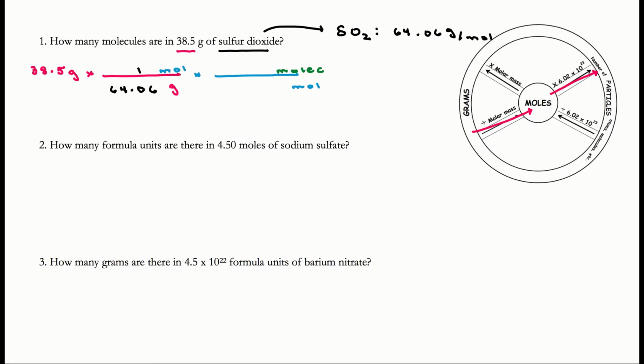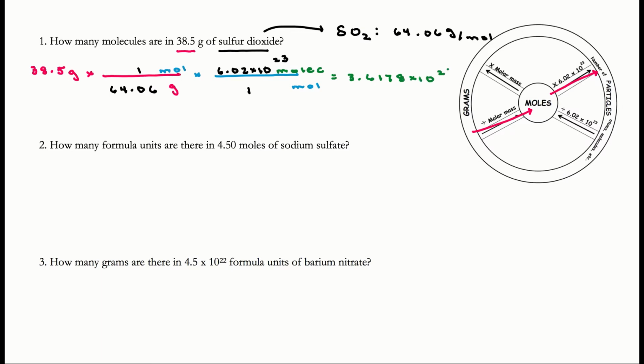Then for the molecule to mole conversion, I'm going to use Avogadro's number. So 1 mole is 6.02 times 10 to the 23rd molecules. Okay, so now I'm going to plug this into my calculator. 38.5 divided by the 64.06 molar mass times Avogadro's number, and I get, unrounded, 3.6178 times 10 to the 23rd.